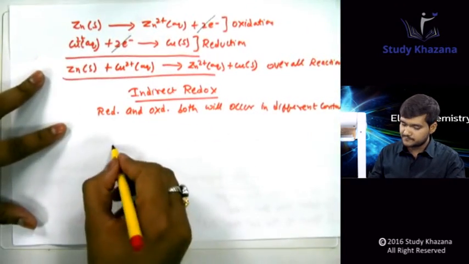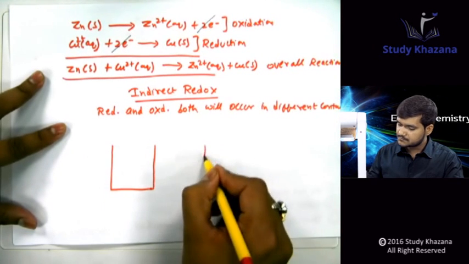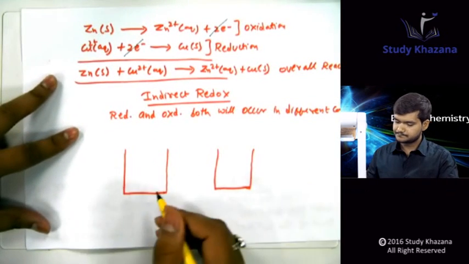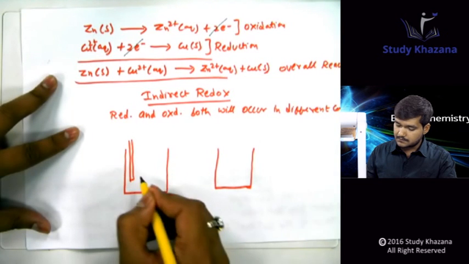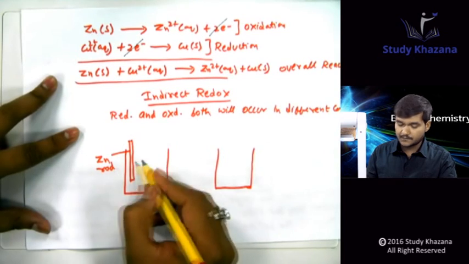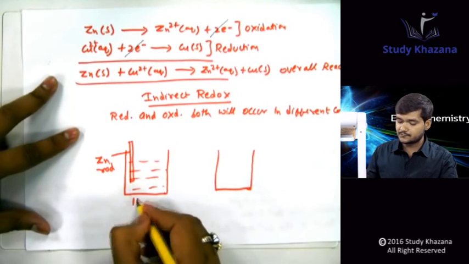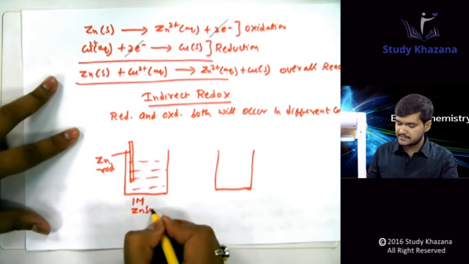Now let me show you with the help of a diagram. So these are the two containers. Here I have dipped a zinc rod in ZnSO4 solution, the concentration is 1 molar.